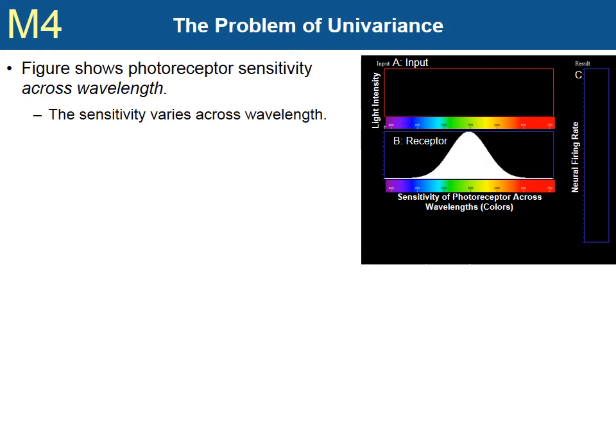This particular receptor is maximally sensitive to light with a wavelength of about 545 nanometers, a kind of yellowish green. Box C shows the photoreceptor's output, that is, the rate of neural firing that occurs when a stimulus is presented. Right now, no light is being presented, so box A is completely black.